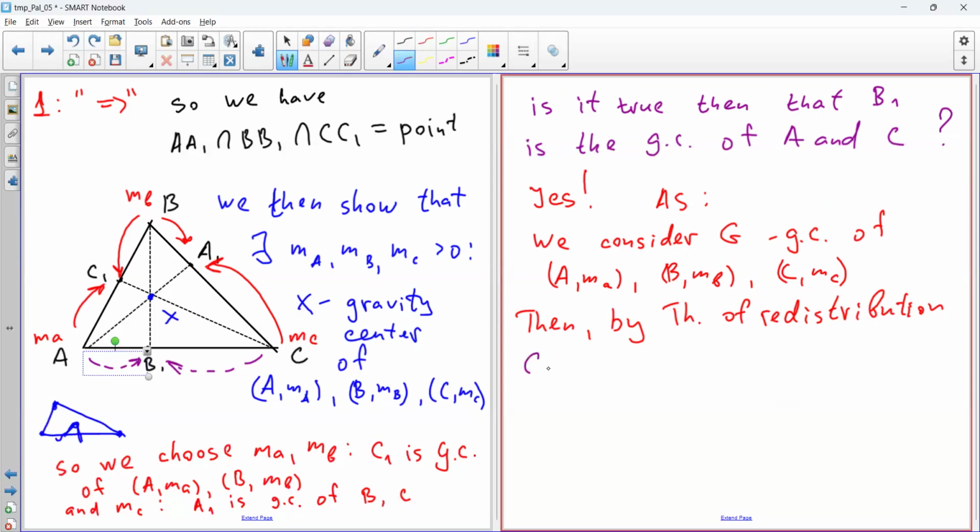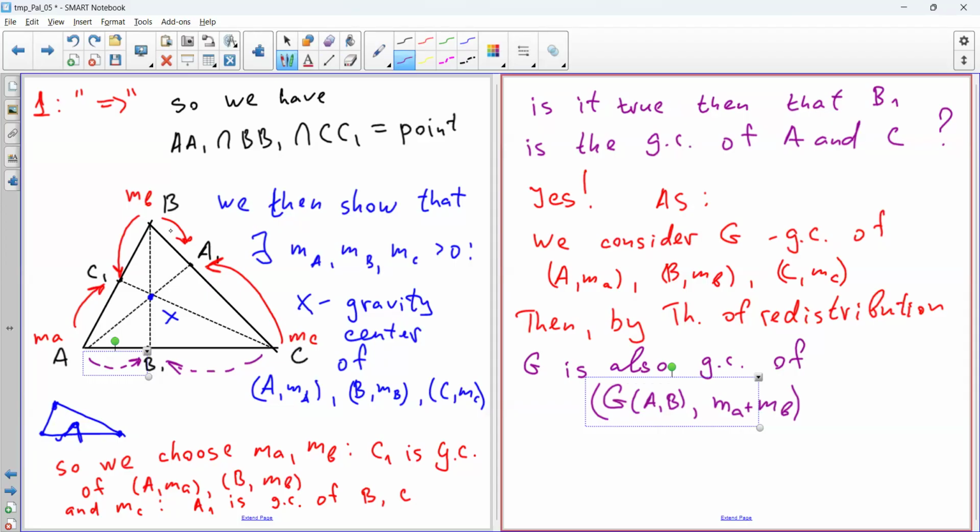G is also gravity center of A and B, with MA plus MB as one point.